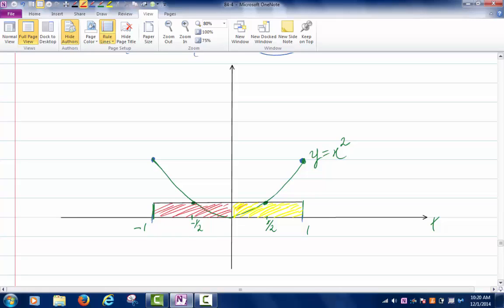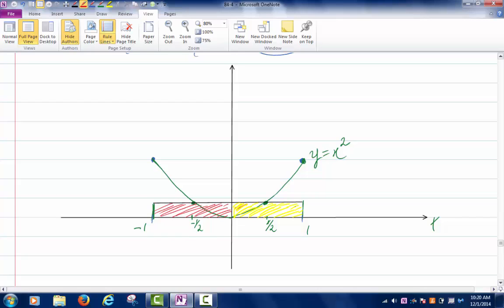Same way, f of half is the height of the graph at half, and if I multiply that by the length of the second subinterval, which is 1, I get the area of the rectangle with height half, width 1, right? No, not height half. I mean, height is f of half, which is 1/4.